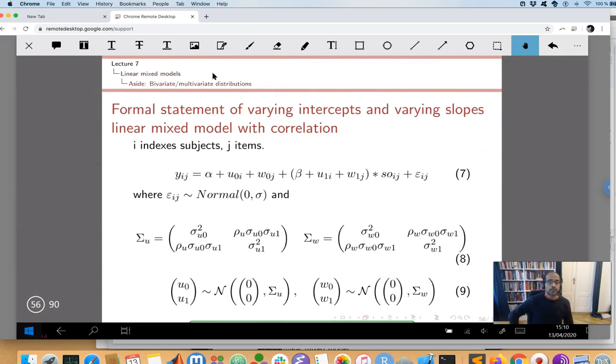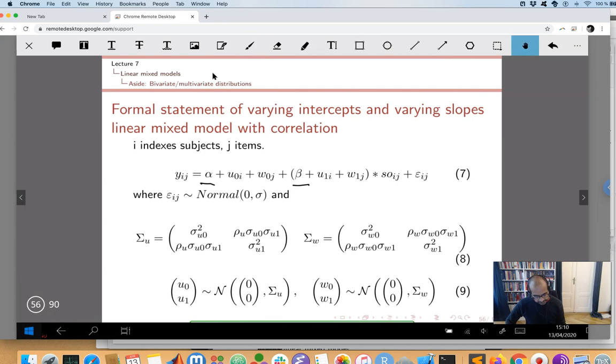Okay. Alright, so the full mathematical statement of the linear mixed model with varying intercepts and slopes and with a correlation between the intercepts and slopes by subject and by item is now written down on this slide. I think all the components are familiar to you now. Here's my fixed effects intercept, here's the slope.